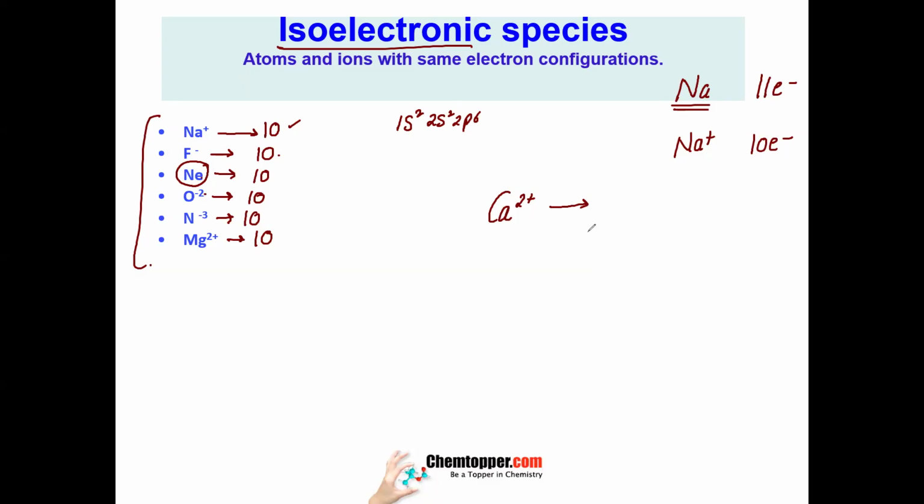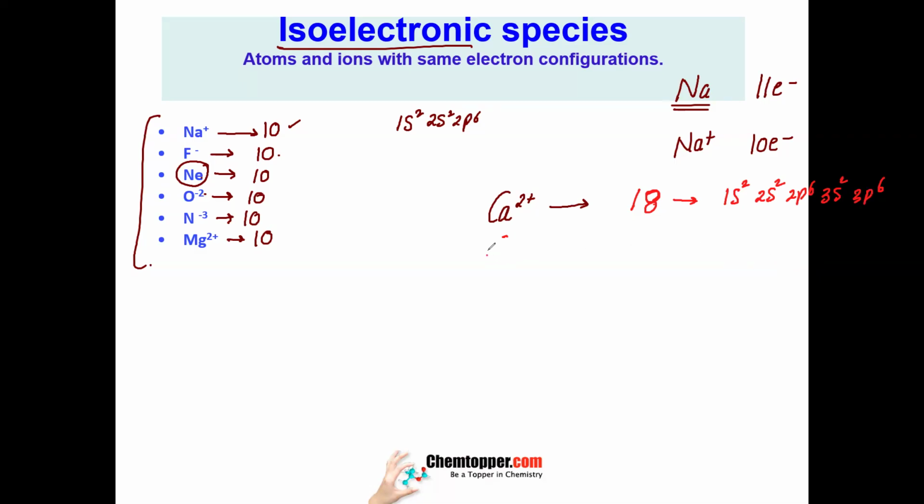Arnav? It means it wants to lose 2. So the answer is 18, right? So what's the configuration? Configuration of this ion. Just write the configuration with 18 electrons. Yeah, argon, yes. So can you give me some isoelectronic species with calcium 2 plus?